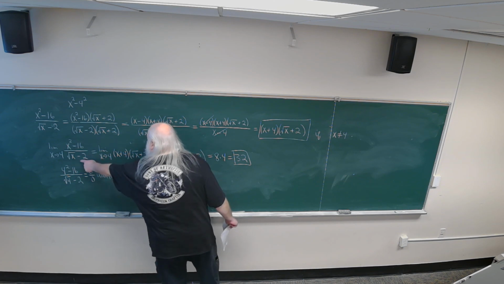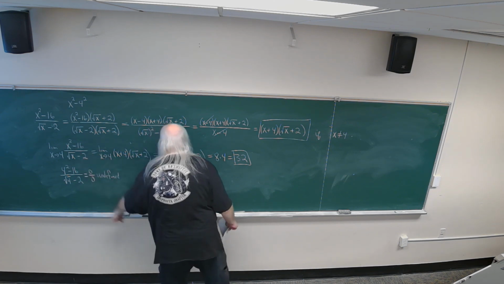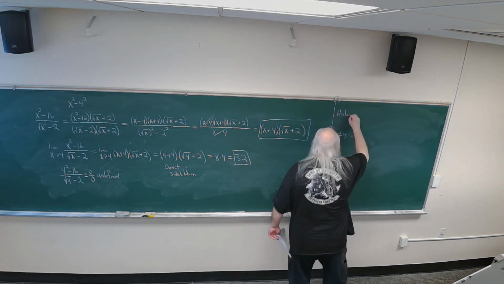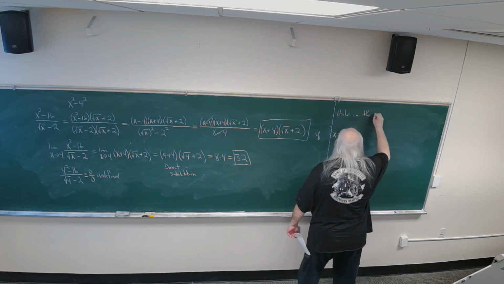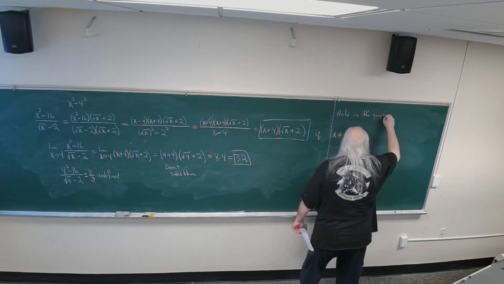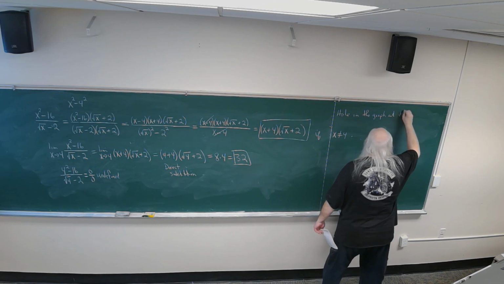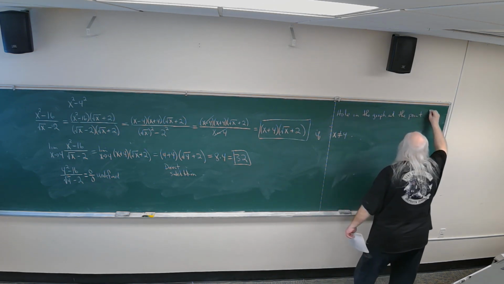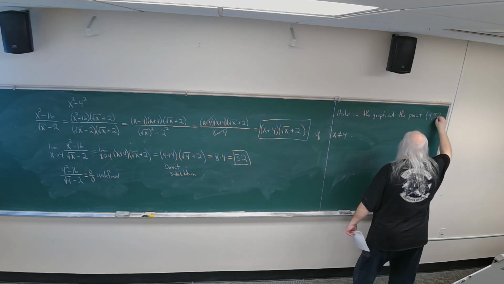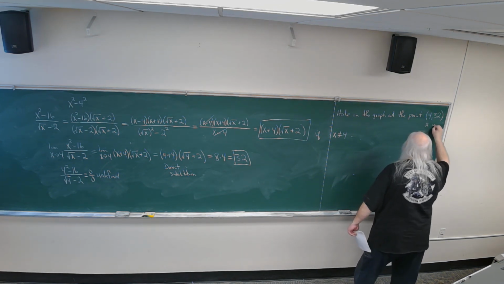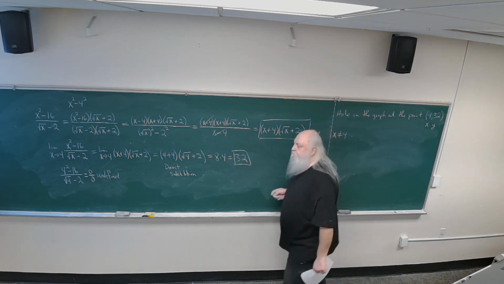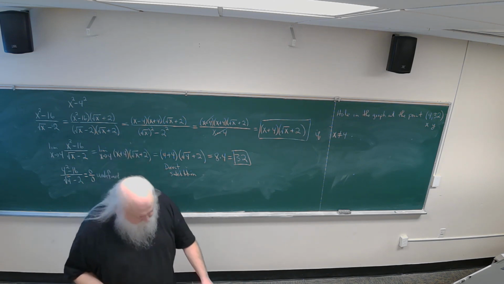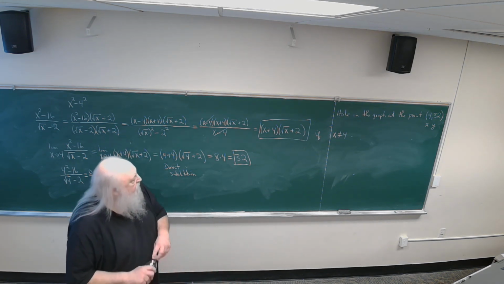In the graph of this function, there's a hole in the graph at the point (4, 32). 4 is the x coordinate, 32 is the y coordinate. Okay. Any questions on that, ladies and gentlemen?